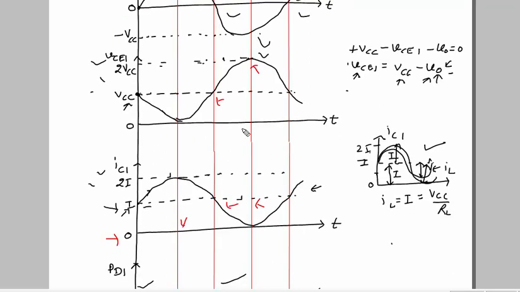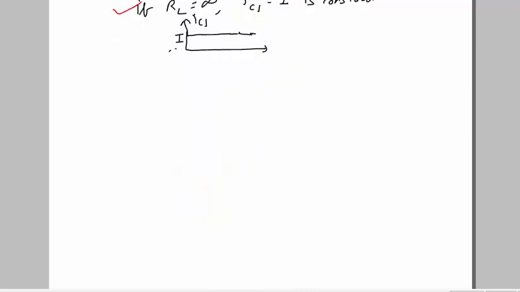Then PD1 will be VCE1 into IC1. VCE1 at this point will be 2 VCC, then I. So this is the maximum power dissipation, but this condition will not persist for a long time.